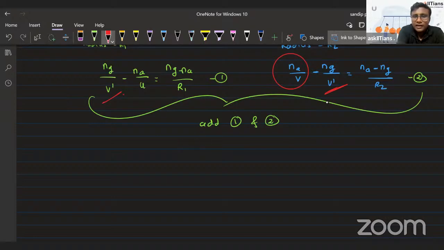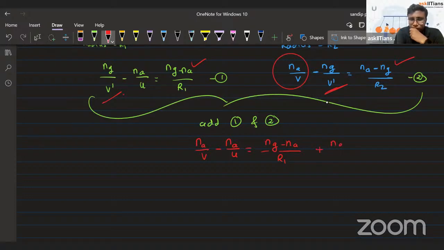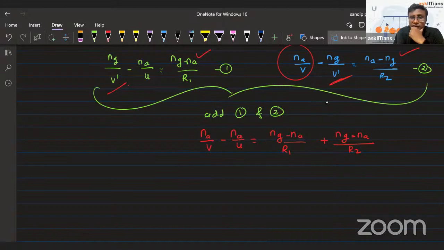So Na, refractive index of air upon V, minus refractive index of air upon U is equal to. We also have to add this one and this one, right? So Ng minus Na upon R1 plus Ng minus Na upon R2, right?